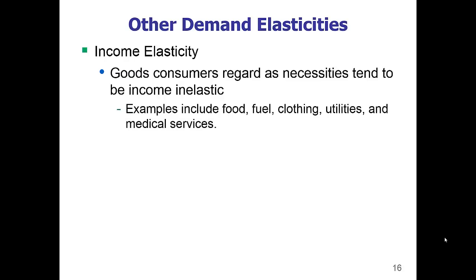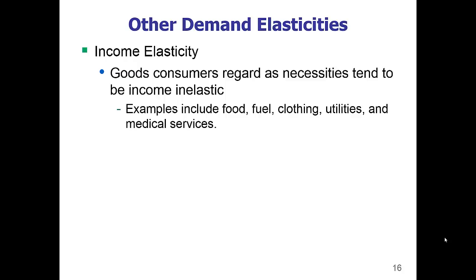Types of goods that would be necessity, things like food, fuel, clothing, your gas, your electric, your water utilities, and medical services. So again, these are goods where when your income increases by, let's say, 10%, consumption would increase by something less than 10%. It's a necessity.